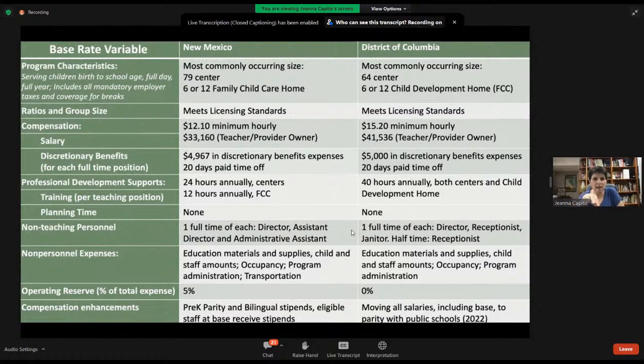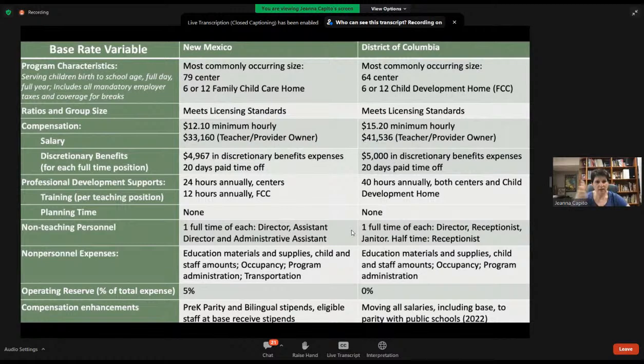So this is not the specifics of a part day program or a preschool only program, school year only program. Just to be clear, these models can do those things, but this is specific to the base rate for that full year care example. It does include, of course, all mandatory employer taxes and any laws that folks have to meet, like coverage for breaks for your employees.